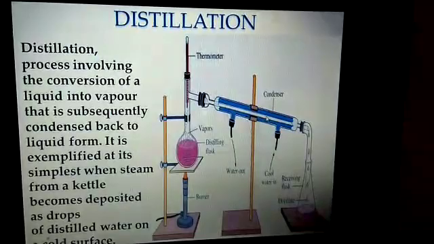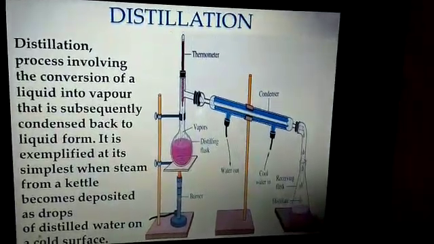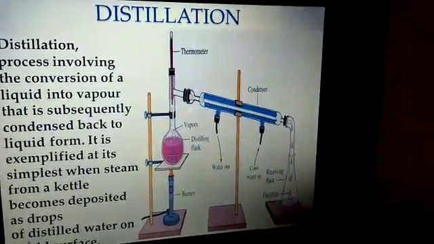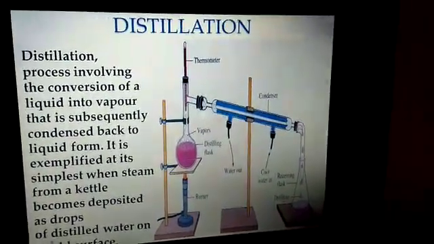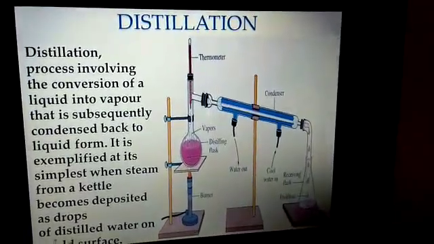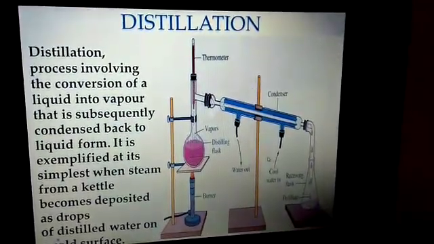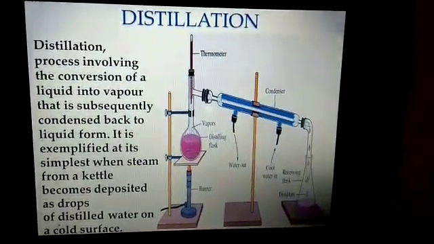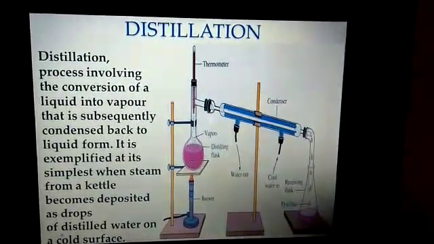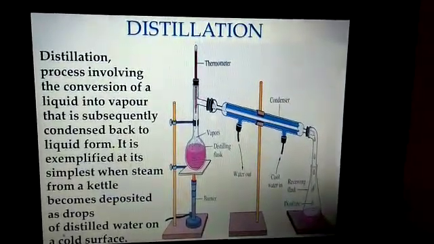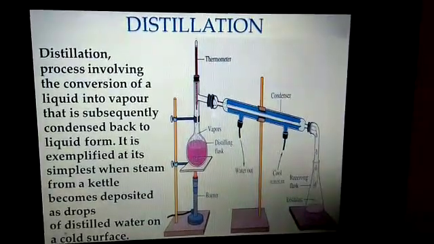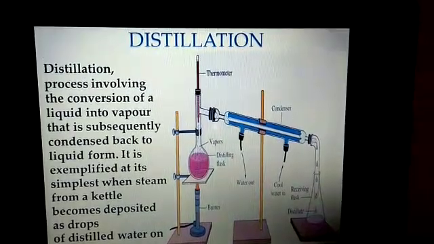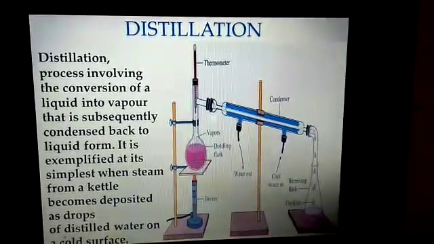When the vapor cools down, drop by drop it is collected in the receiving flask, and the collected fluid is called the distillate, which is a pure liquid. This distillation method is used to obtain distilled water in the laboratories.